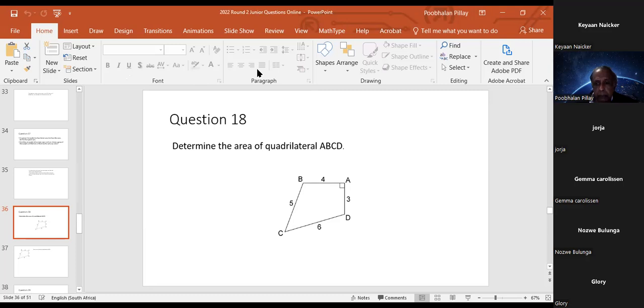But I suggest to you, you can do it with your information on triangles alone. What you can do is you can split this quadrilateral into two triangles by connecting one of the diagonals. And I deliberately chose this diagonal here because I know how to find the area of a right angle triangle.